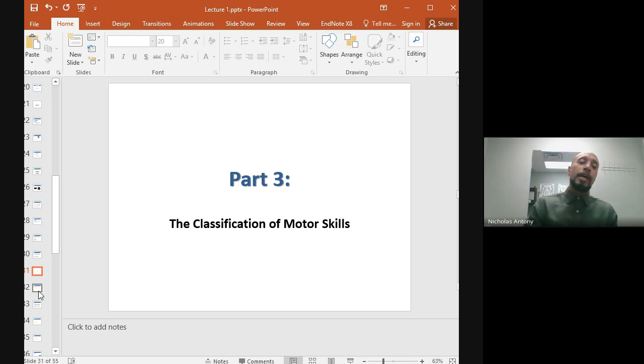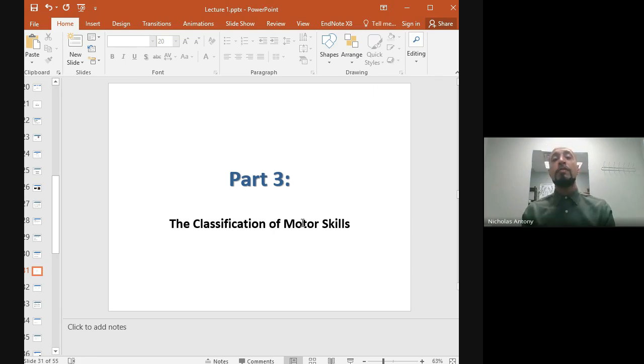So the last part of the lecture, we're almost done, is once researchers were able to put together all this terminology and get a better idea of how they could communicate with each other, do research and build on each other's research, they had to next classify different types of motor skills, because a typing task is going to look a lot different in terms of the control process used in the body than a running task, for example.